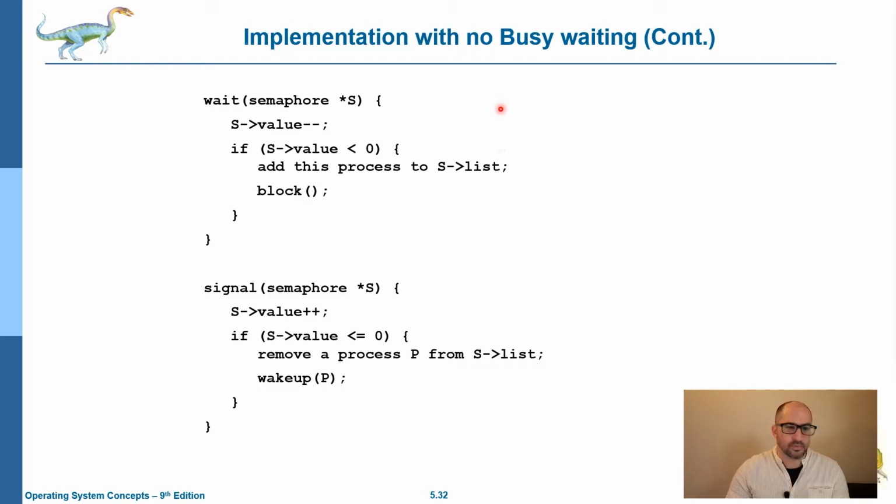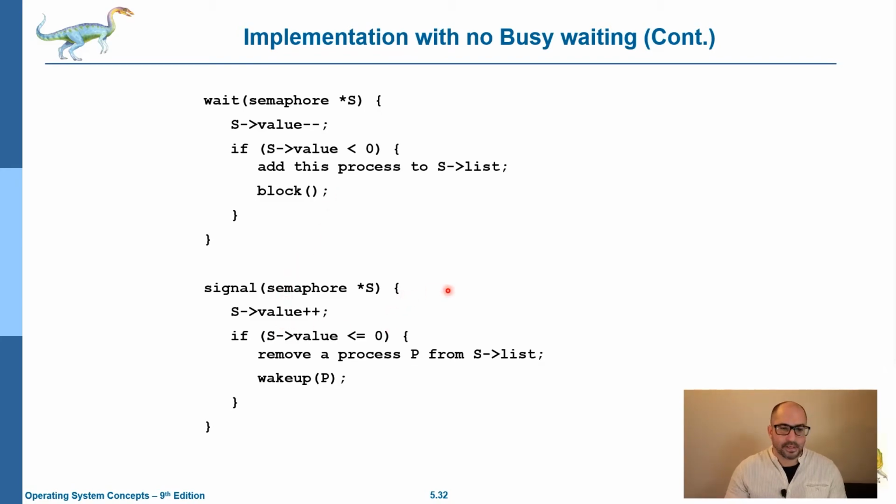And our pseudocode, roughly, of our semaphore now says waiting on a semaphore decrements the value. If it's less than 0, we're going to add this process to the list, meaning this process is waiting to acquire the semaphore. And it blocks. So this is a call to the operating system to move the process from the running state to the waiting state where it's waiting on a semaphore.